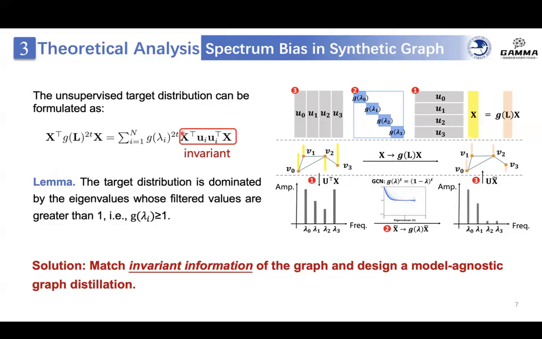So this analysis explains why different distillation GNNs lead to different distribution bias in the synthetic graph. Inspired by this analysis, we design a model-agnostic graph distillation, and we only match the eigenbasis information.